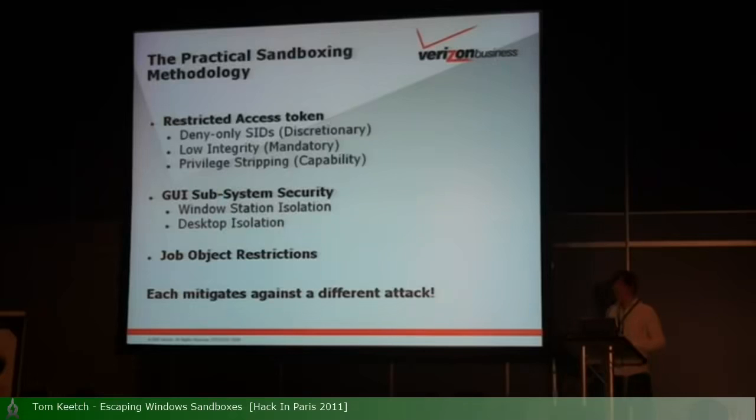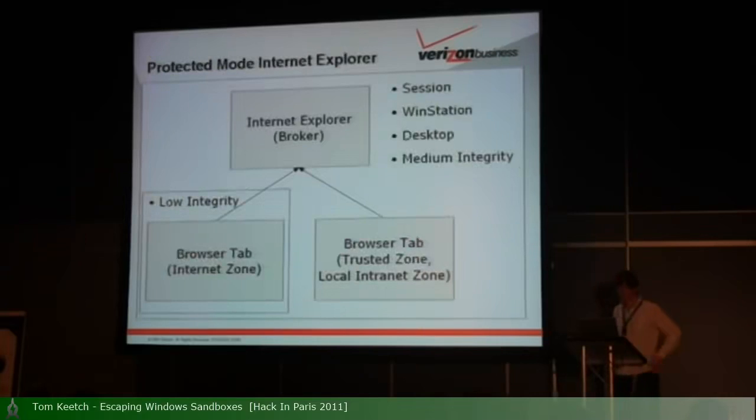So each of these mitigates against a different attack, and by looking at the different sandboxes and figuring out what they do and don't implement, we can determine different attack strategies for the different sandboxes. Protected Mode IE was the very first implementation, and it chooses to render sites in lesser trusted IE zones at low integrity.